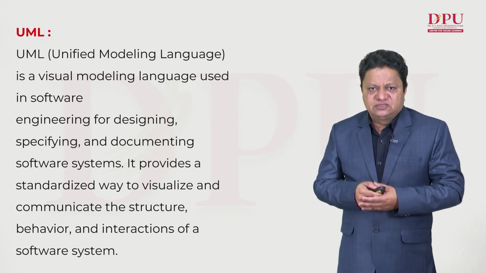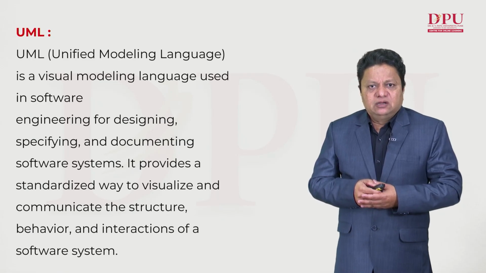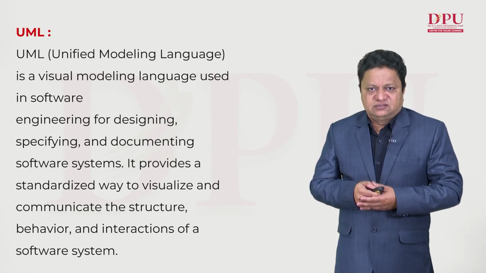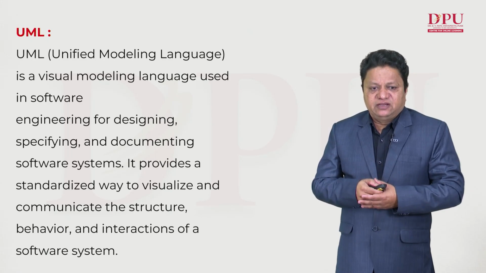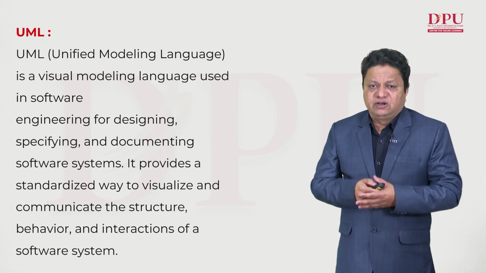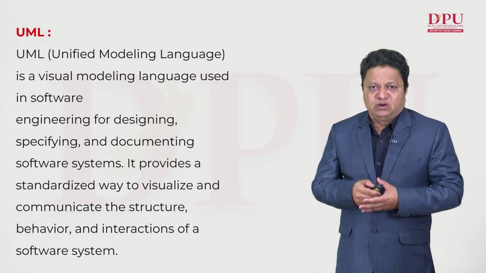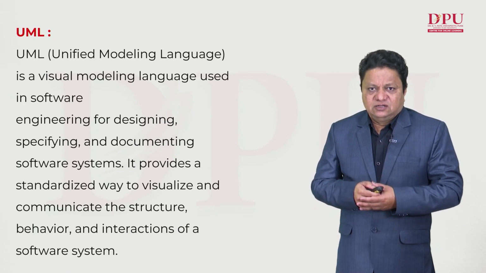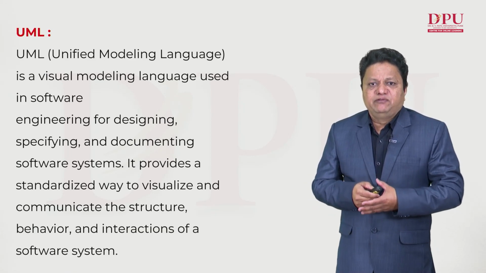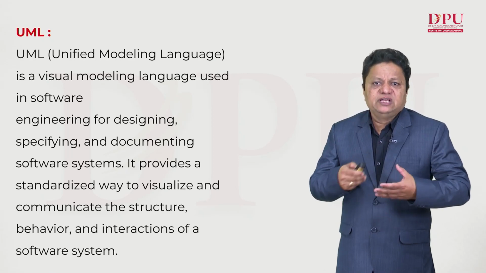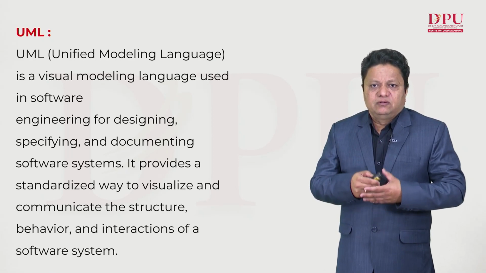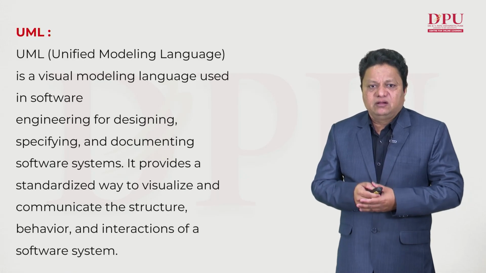What is the main purpose? The main purpose can be to communicate to your audience, to your management, in a standardized way, how your system has been built, how each component will communicate with other components, how your system behaves, how it interacts. So, all these things can be visually presented with the help of UML, that is Unified Modeling Language.